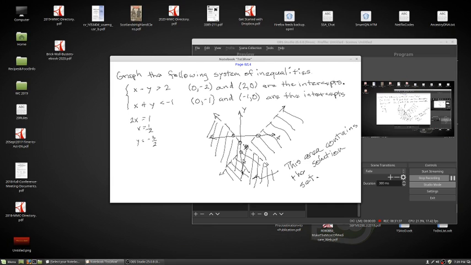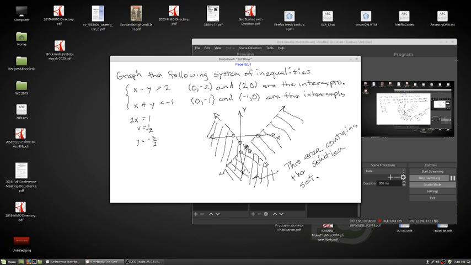Now, you'll see here that we've got a double crosshatch area. Points in this region, that's the solution set. That's the intersection of the two areas defined by those inequalities.